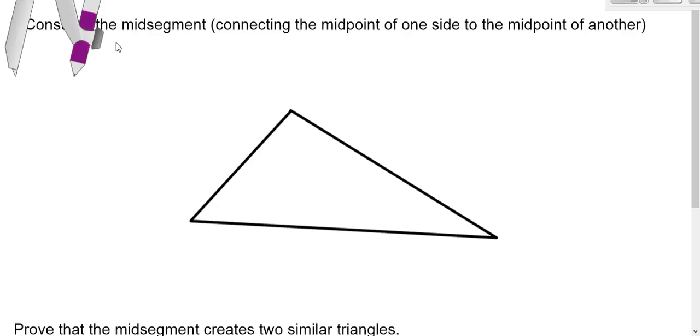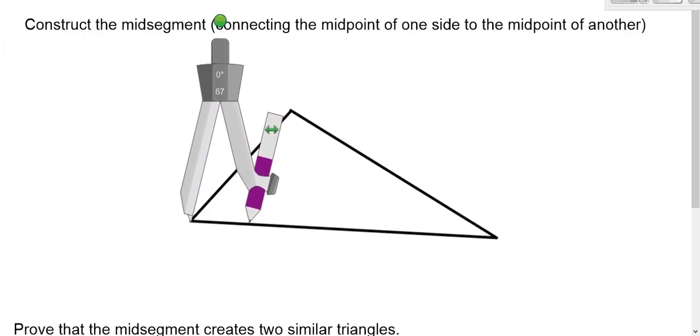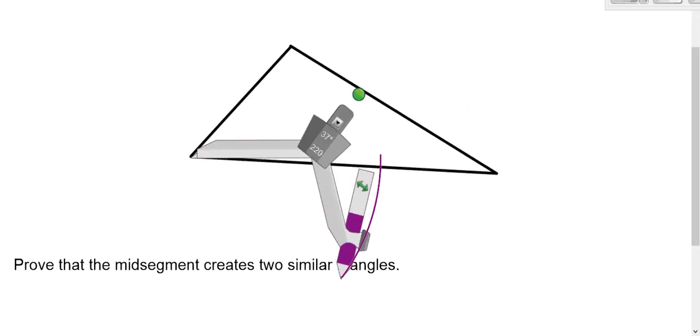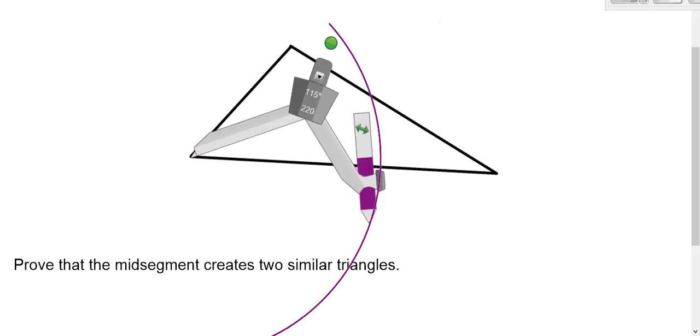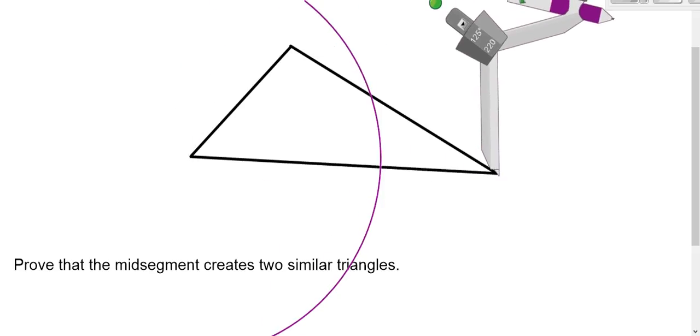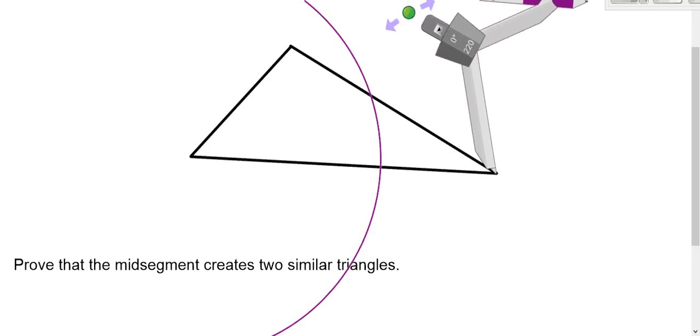So now with the compass, you stretch it more than halfway. Draw a semicircle. And then without moving your compass, you move it to the other vertex and draw another semicircle.